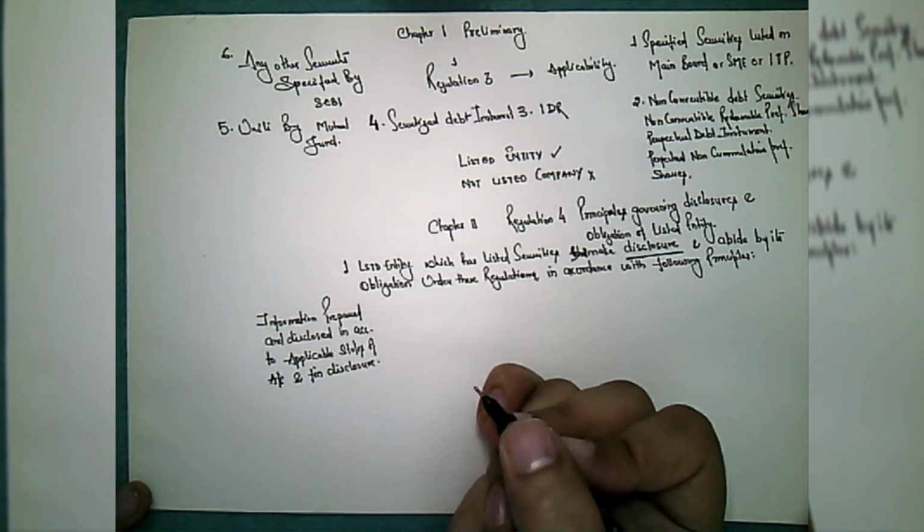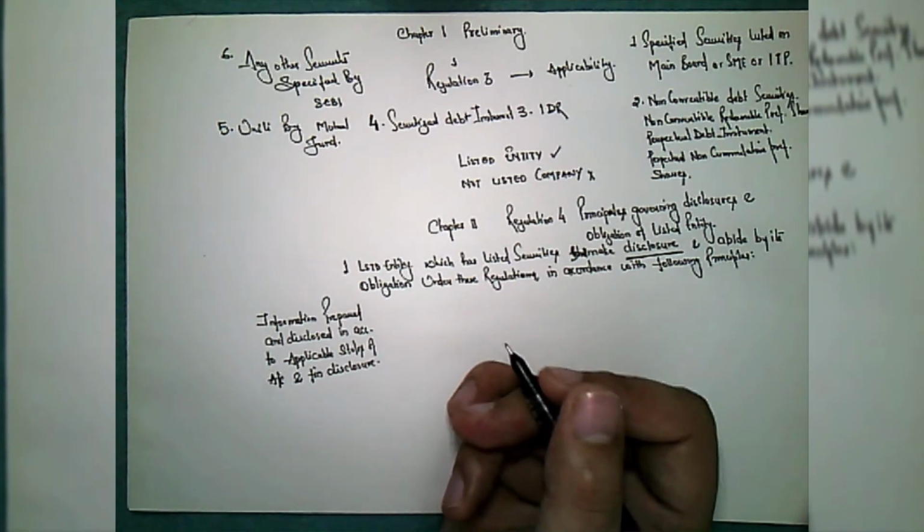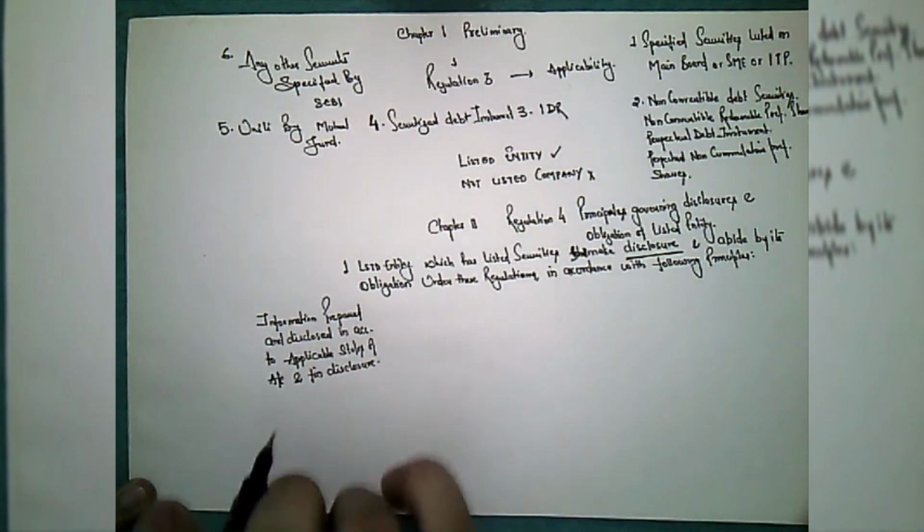This is first. Now the information is required to be prepared and disclosed in accordance with the accounting standards and financial disclosure. That's one.